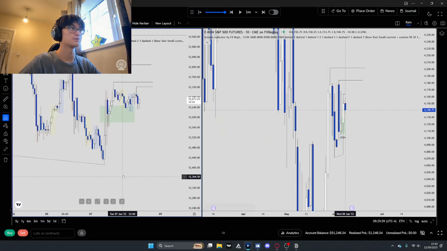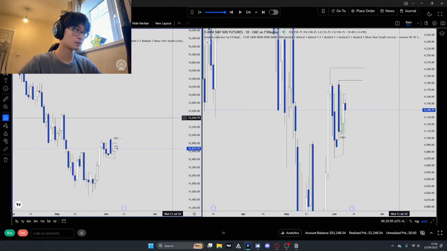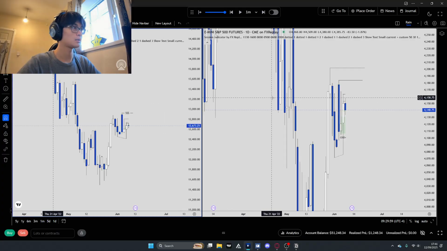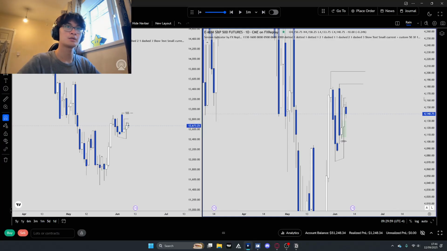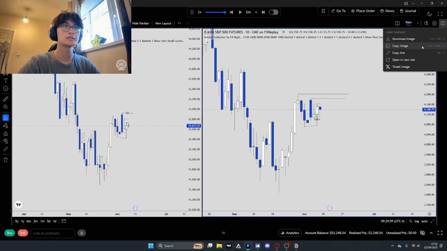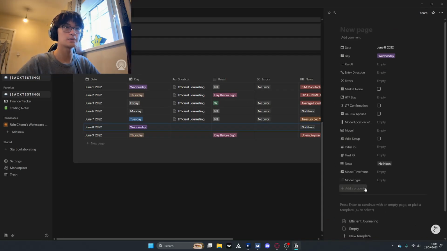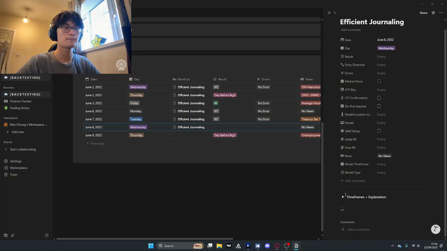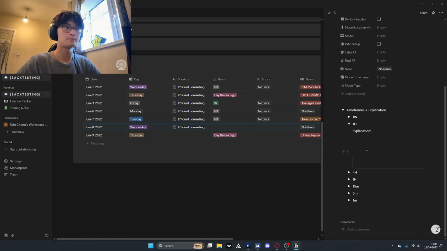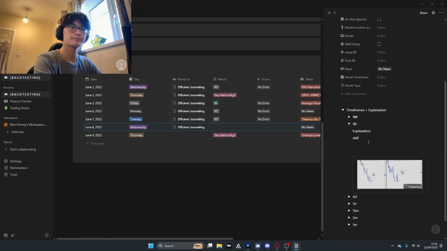Okay, let's journal this, and this is gonna be the last trade. The last fixed replay thing. Daily we are still bullish.